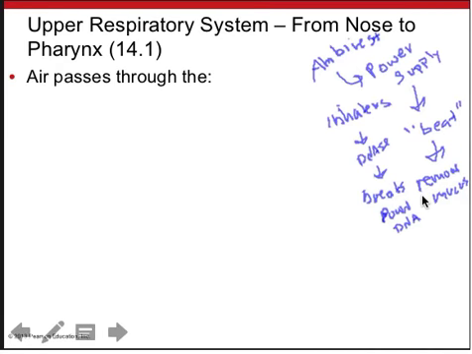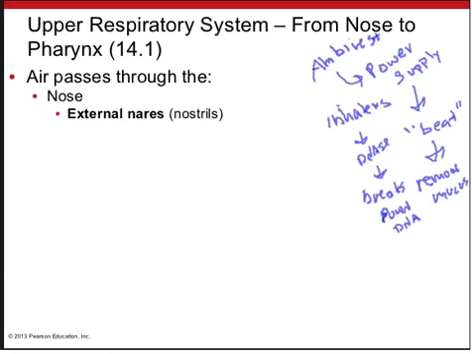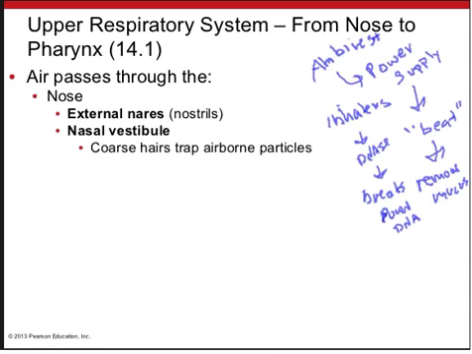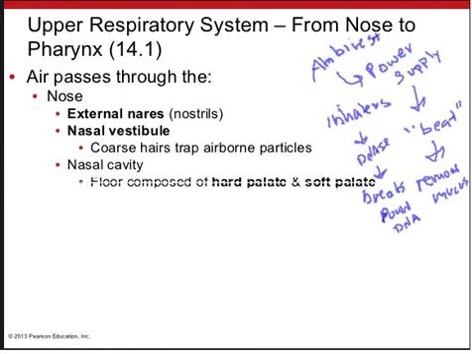Now, from the nose to the pharynx, air passes through the nose first via the external nares and into the vestibule, which contains coarse hairs that can trap particulates. Then from there into the nasal cavity, which has a floor composed of the hard and soft palate.